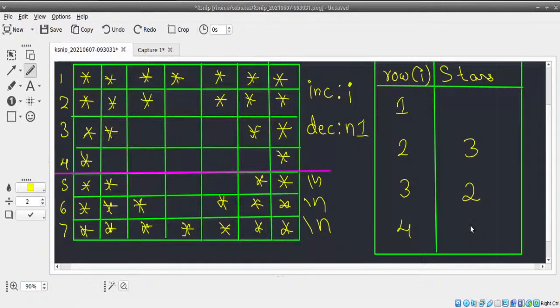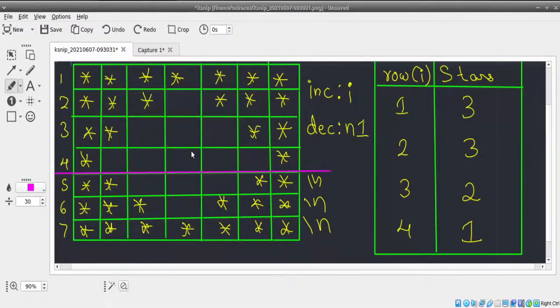What about the first line? First line is 3. It is not 4, it is 3, because 4 stars we have already printed and considered here. In this case, I'm only supposed to take 3 stars.